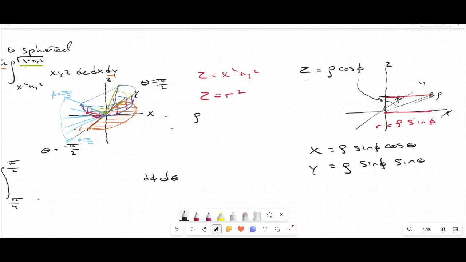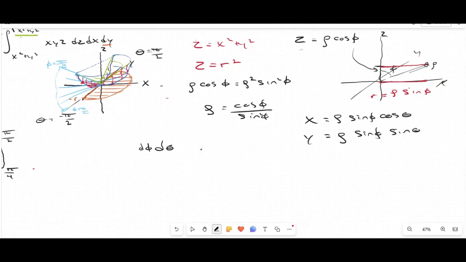So z is rho cosine phi, and r squared is rho squared sine squared phi. So I can solve for rho. Rho equals cosine phi divided by sine squared phi, which is ugly, but it must be what they want to see. You can rewrite that a couple different ways.